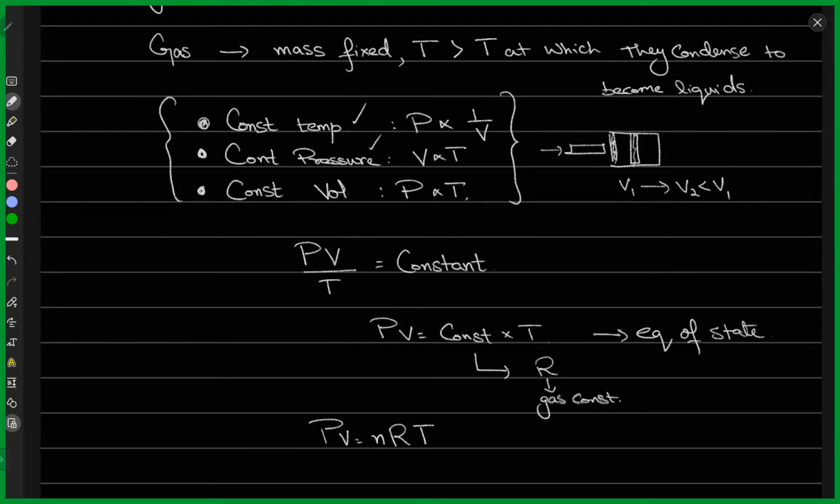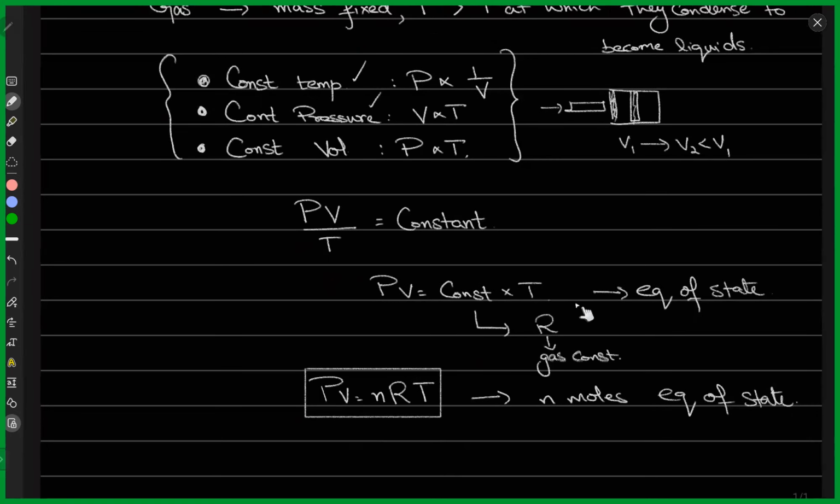So this is for N moles of gas. This is the equation of state. So this equation completely specifies the state of the system, or the state of the gas, and mind that it is an ideal gas, right?